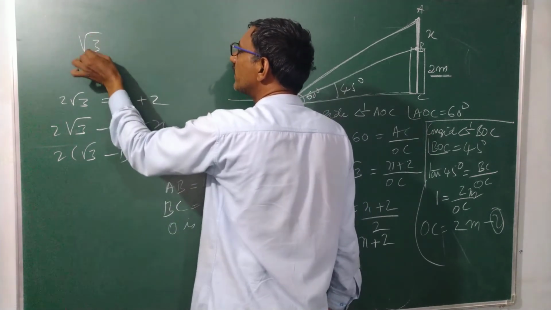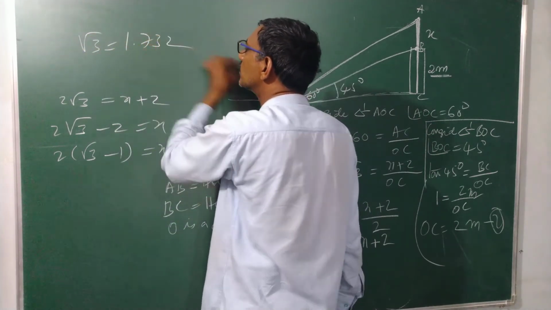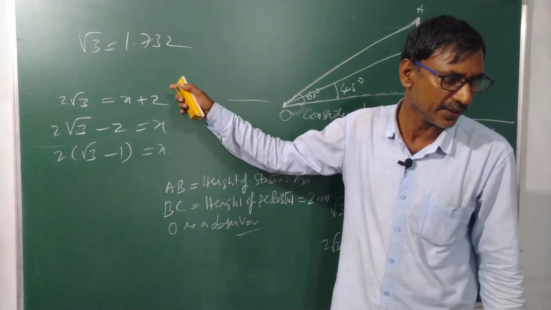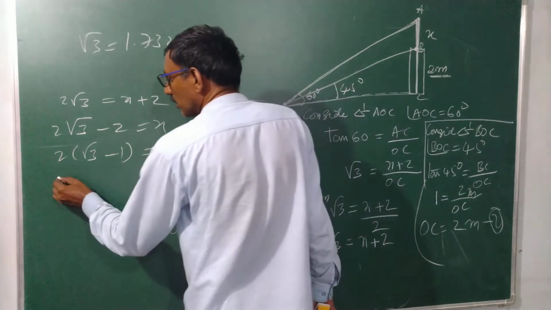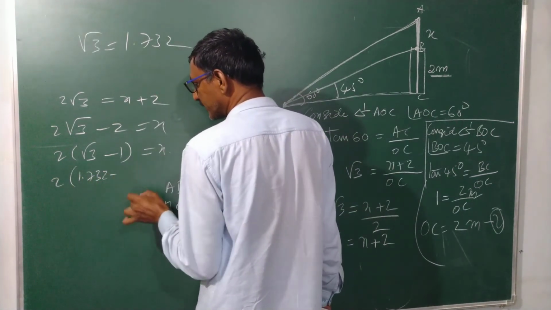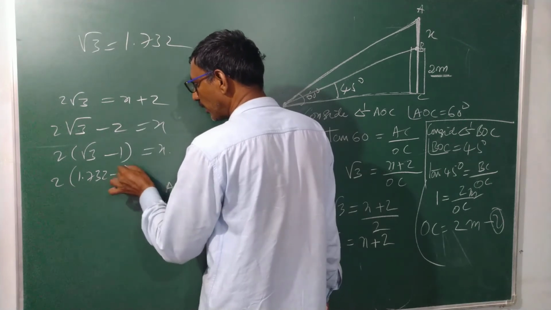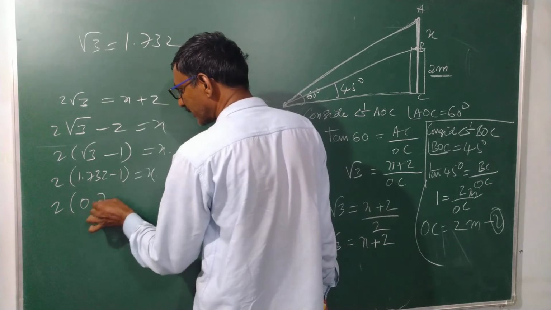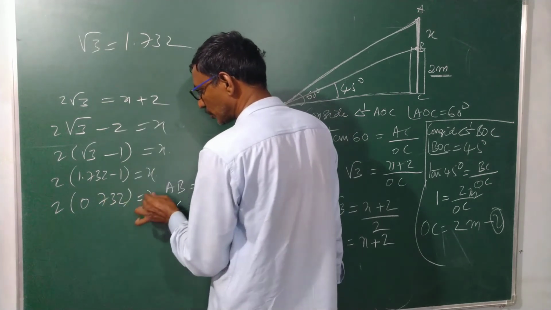I know the square root of 3 value is 1.732. So 2 into 1.732 minus 1 is equal to x. 2 into 0.732 is equal to x.